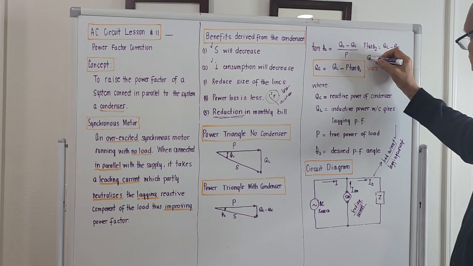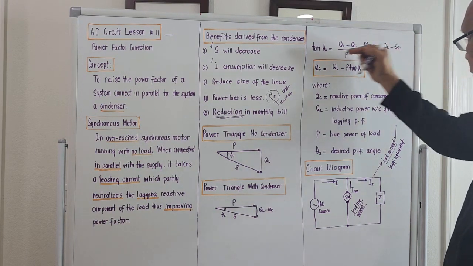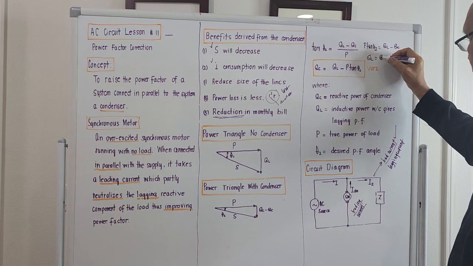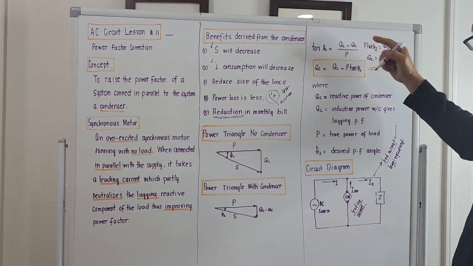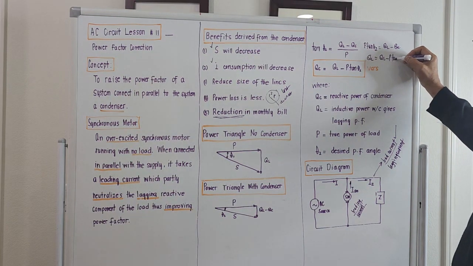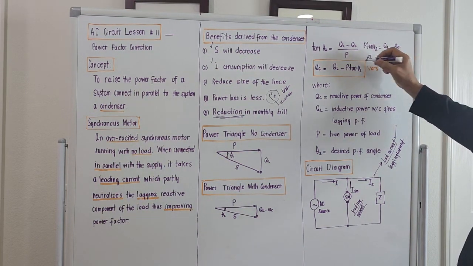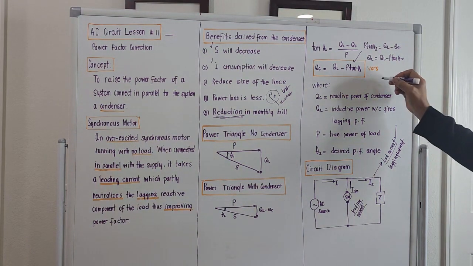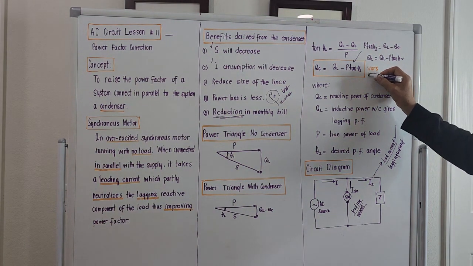So solving for QC, we put QC on the left, it will now be plus, so it will be QL, and this one we pull to the right, minus P tangent of theta 2. It is this, right? And the unit of this is actually vars.